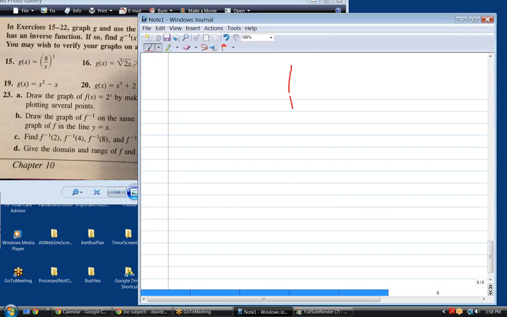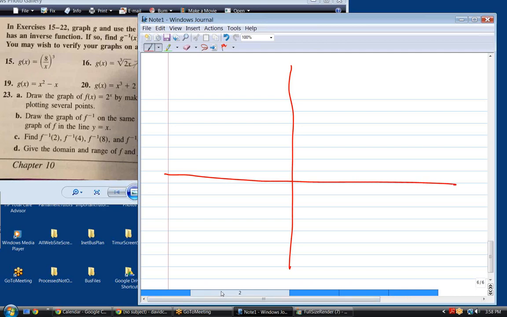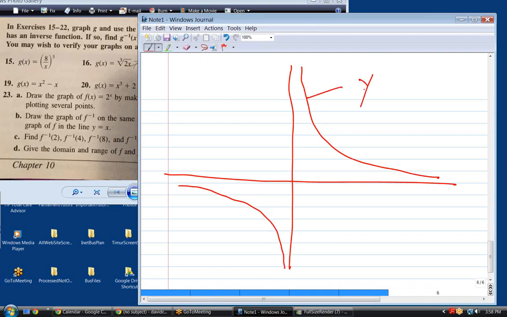Problem 15 is a hyperbolic type function. In other words, if I were to look at this function, it is y equals 1 over x. You familiar with the hyperbolic function? Not really. Does this function pass the vertical line test?